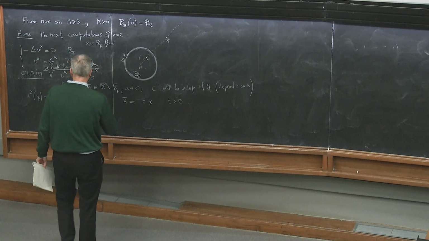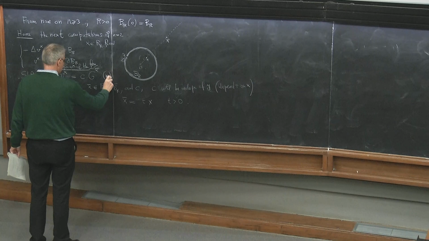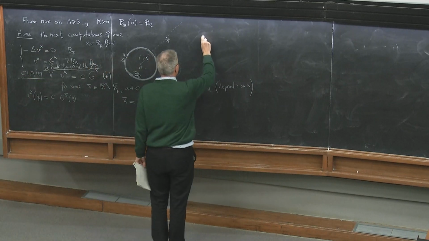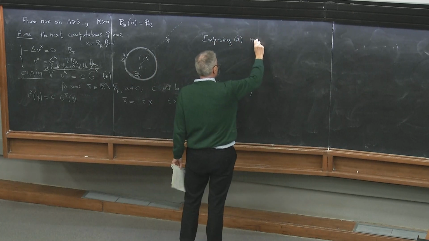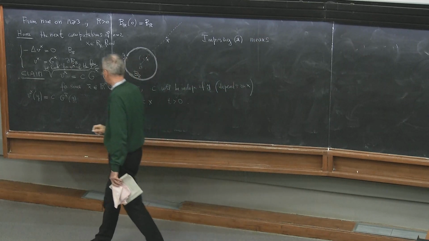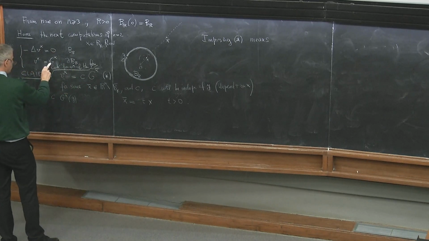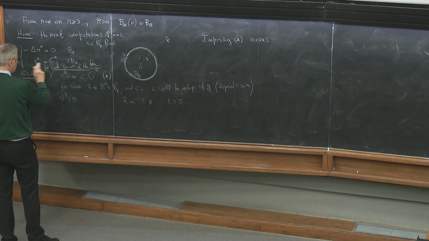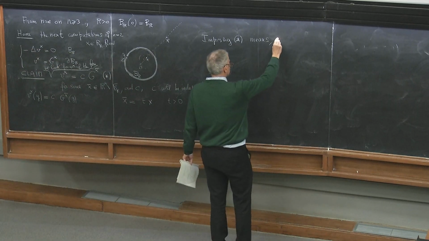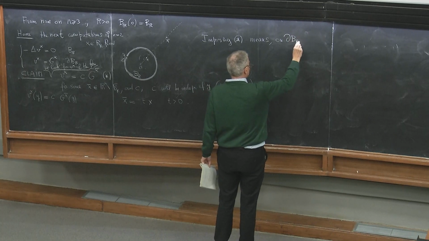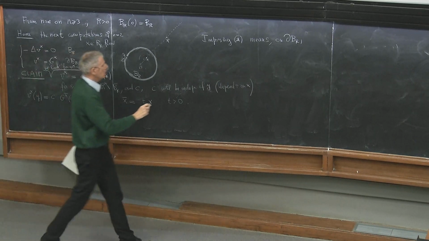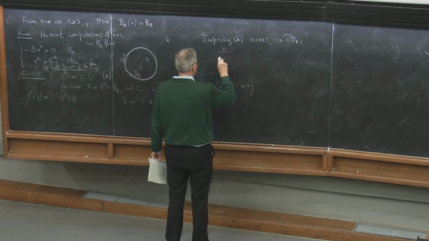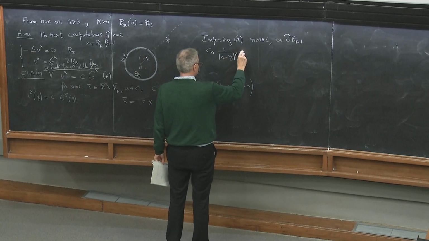Now, what does it mean imposing this claim? Imposing this claim means in particular that on the boundary of BR, Vx, which must be equal to Gx, therefore is some constant divided by |x minus y| to the n minus 2.